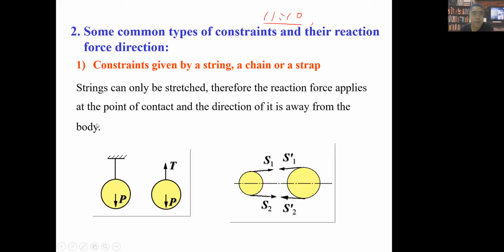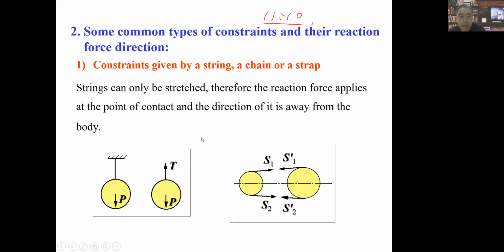We call that a constraint given by a string, a rope, a chain or a strap, the soft things. Strings can only be stretched. Therefore, the reaction force applies at the point of contact and the direction is always away from the body. That's the very important thing.